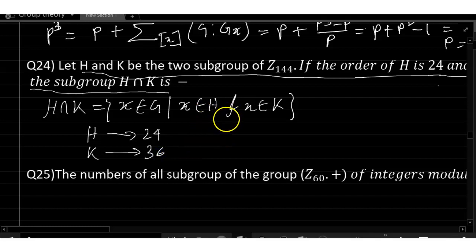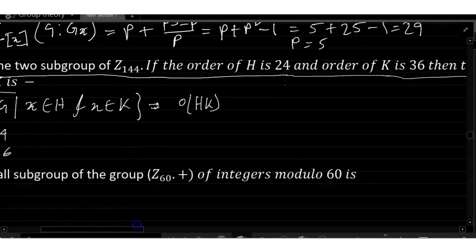So the order of HK is divisible by 24 and the order of HK is divisible by 36.